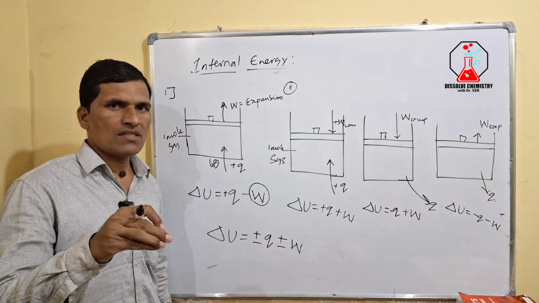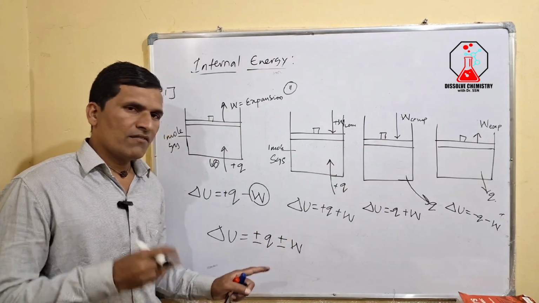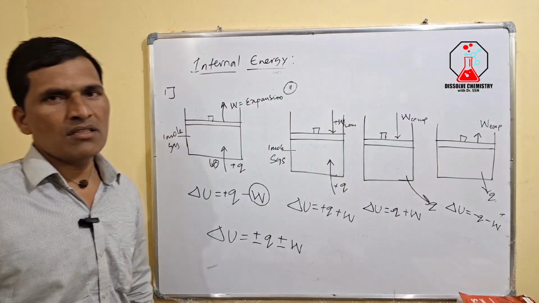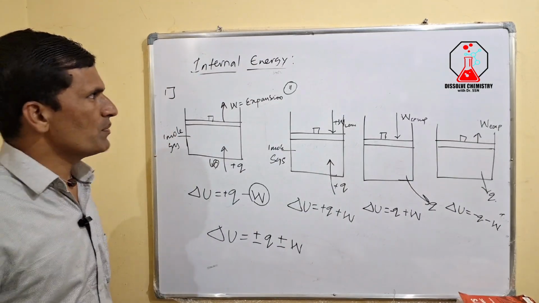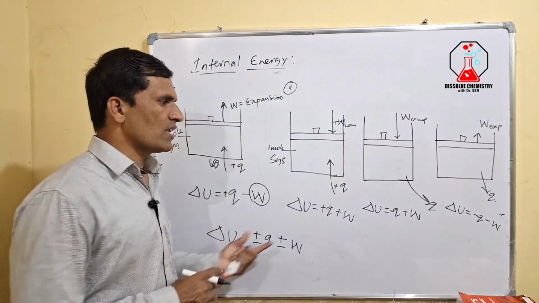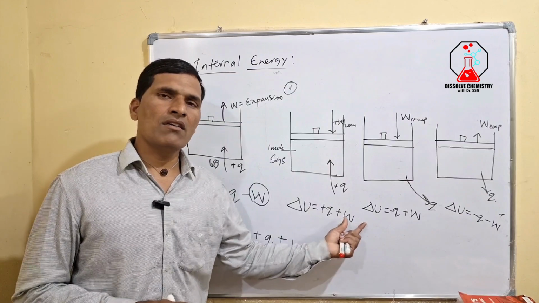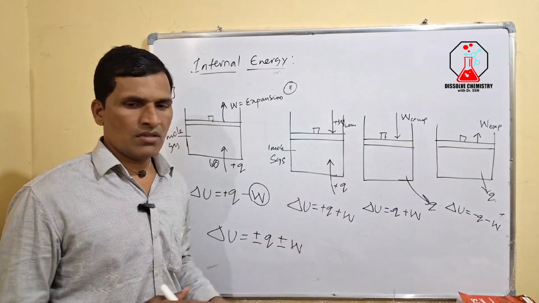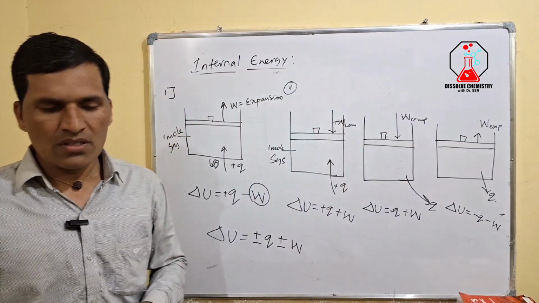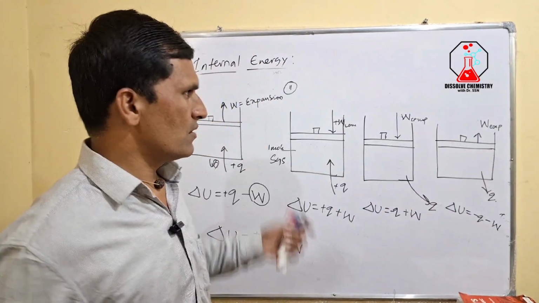If it is added to the system we indicate it by a plus sign, and if it is given out we indicate it by a minus sign. I hope you have understood what internal energy is, and how its mathematical form has different signs for heat and work. So we'll conclude here.